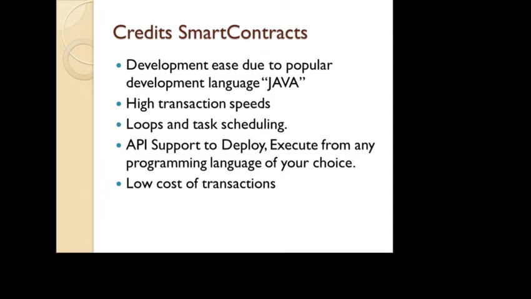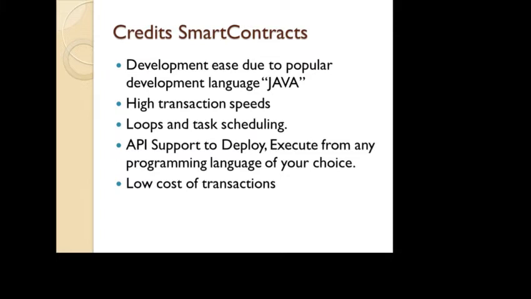It cannot execute by itself. Whereas Credits is going to solve that by giving us an event-based scheduling option. We are yet to know the full details about this one. Credits is planning to release this information in the near future, I mean the whole description of how to do that, right? And then the API support to deploy.